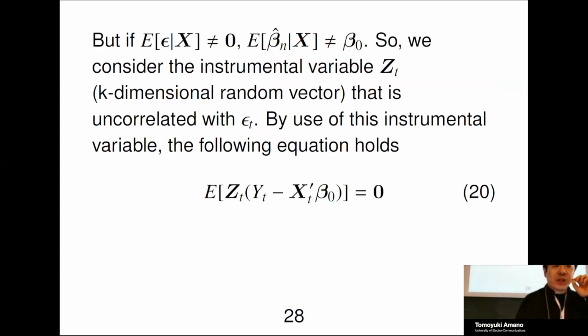We assume that zt follows a k-dimensional vector. And we assume that zt is uncorrelated with the disturbance. By use of this instrument variable, this equation holds.